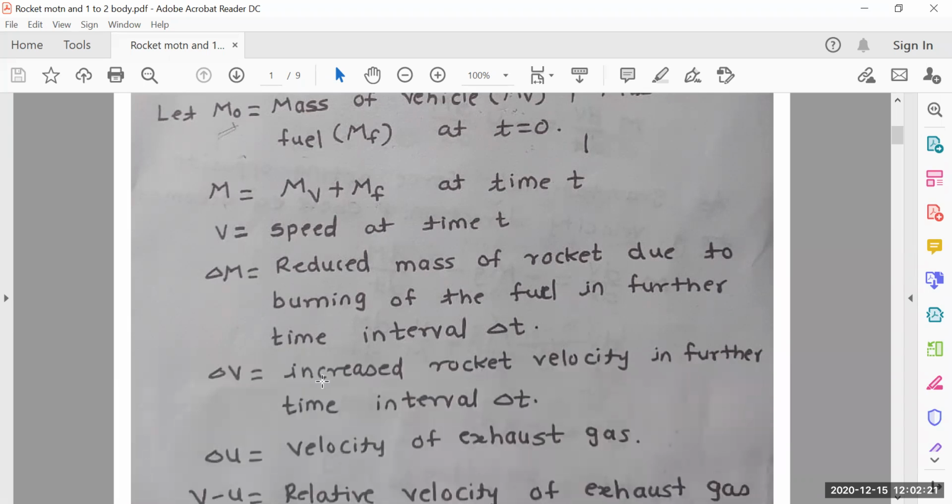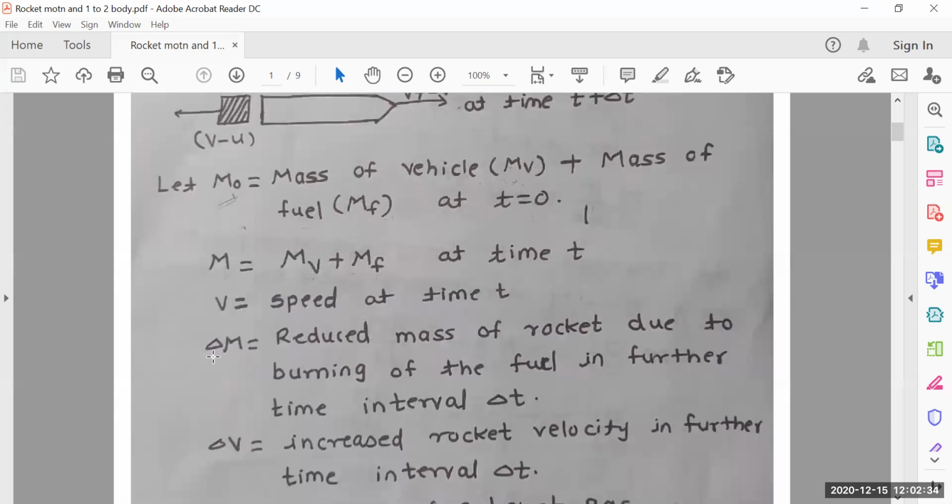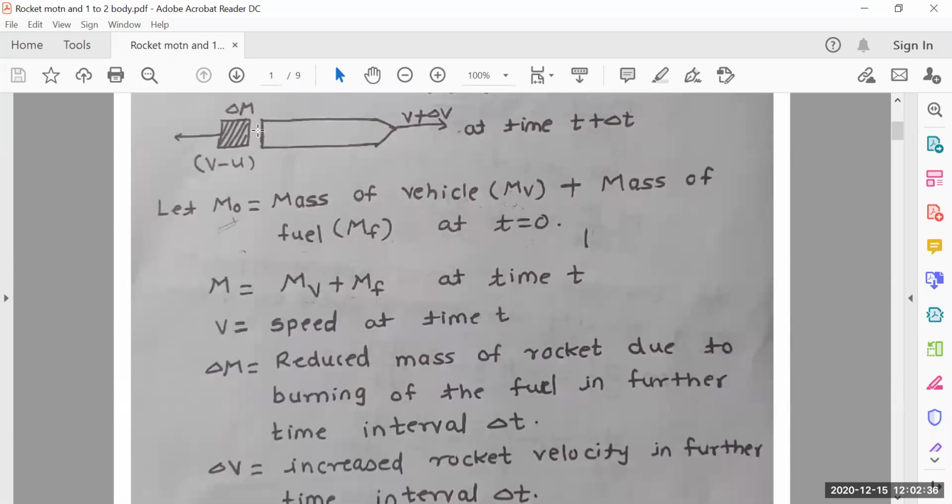Now delta v. When this much fuel is burned, obviously that much amount of gas is released from the rocket, and its velocity is increasing more. How much is its velocity increasing? Delta v amount. That's why this is the second figure you can see. So delta m is the mass of fuel which is coming out of the rocket after a further delta t time, 50 minutes के बाद, t time के बाद.